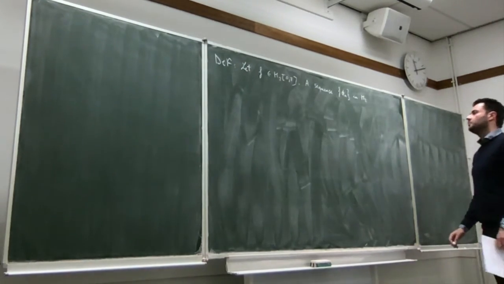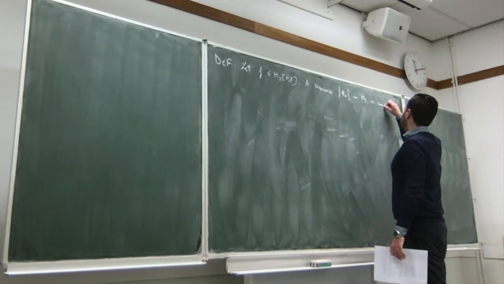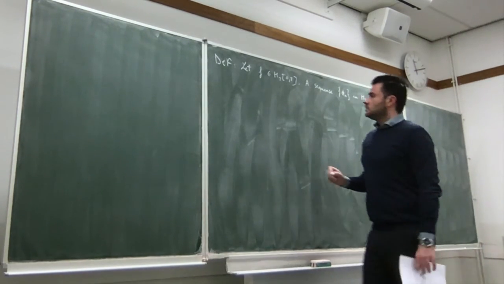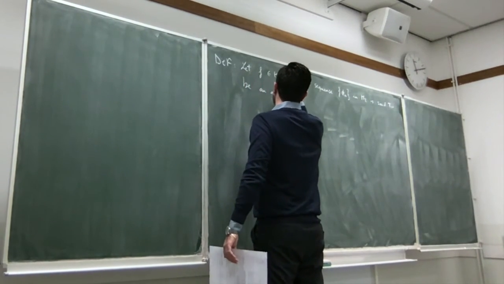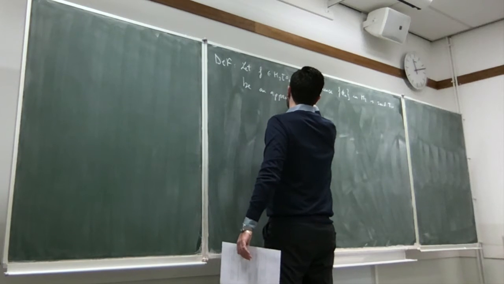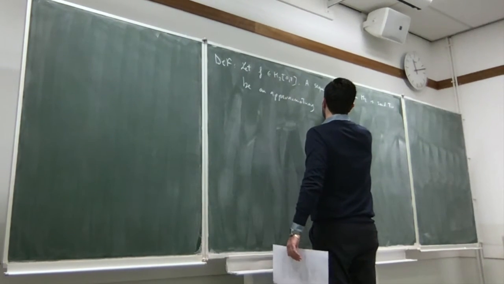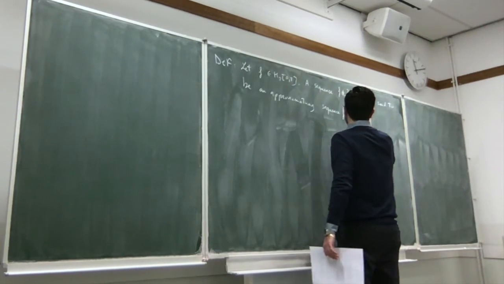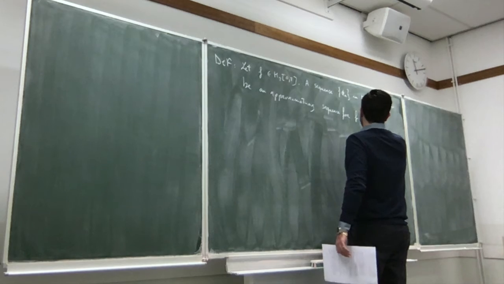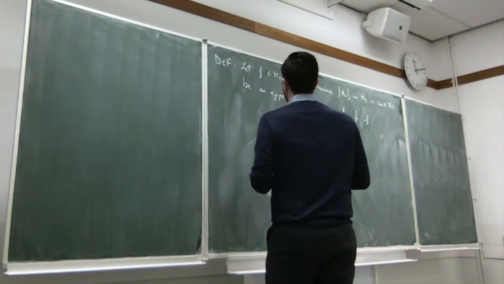A sequence of simple processes in M2 is said to be an approximating sequence for f if we have the following relation.